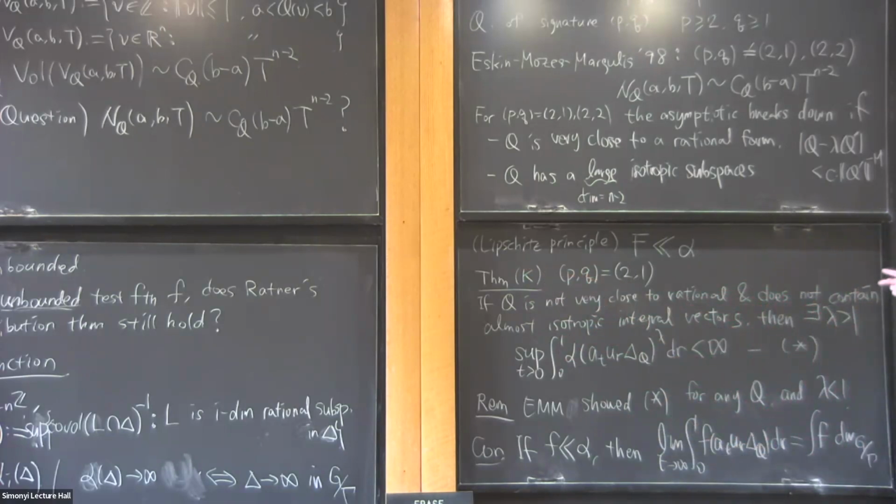In a similar spirit, Q evaluated at an integral vector is bigger than some constant times the size of the integral vector to a large negative exponent. But in terms of Q not being very close to rational, in terms of which parameter?